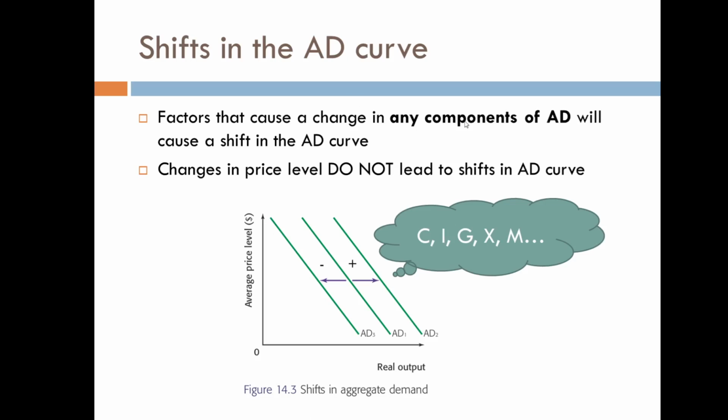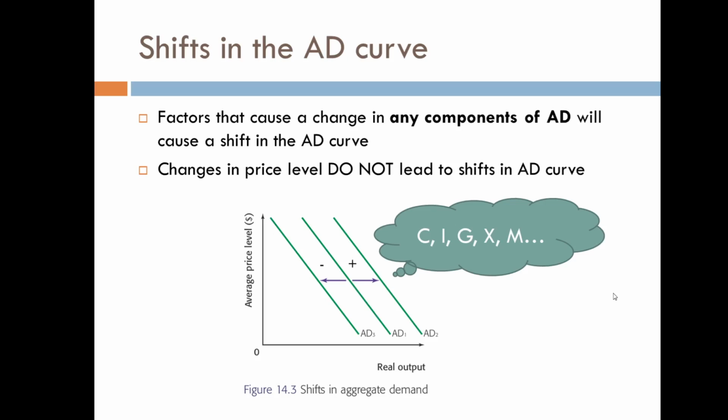When anything happens to any components of AD, then your AD curve is going to shift, instead of moving along the curve.